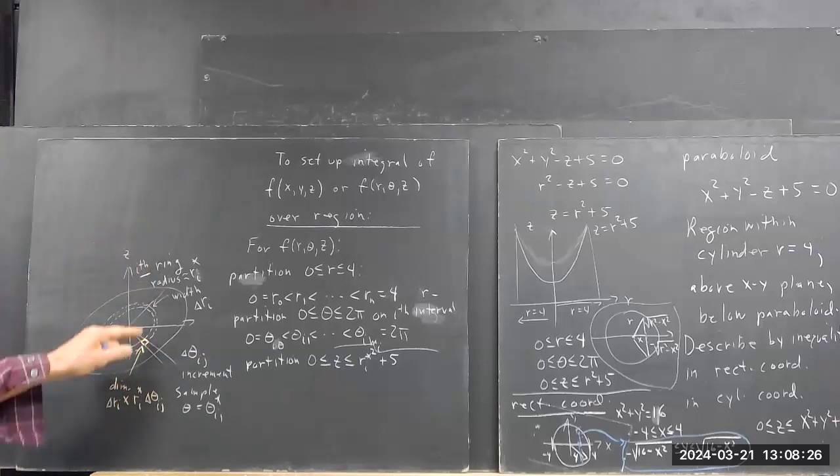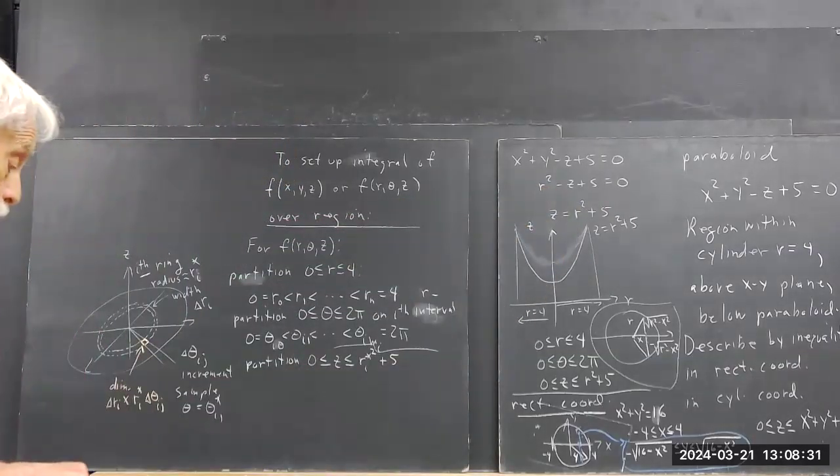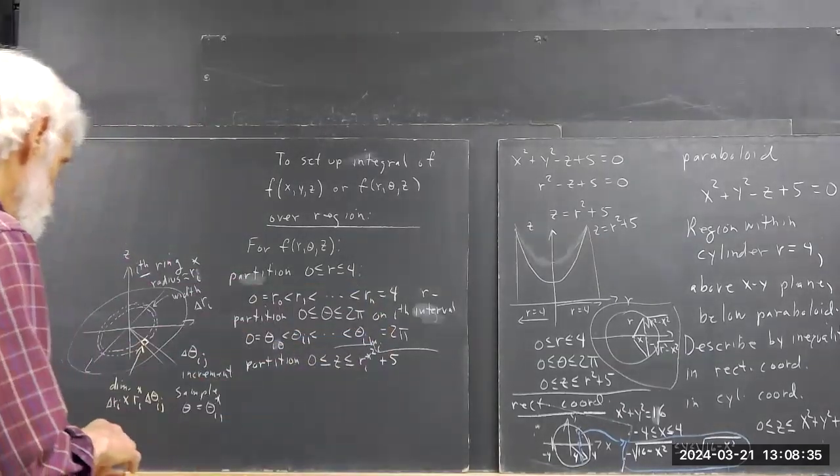So how far can you go before you have to stop? Due to this parabola, you have to stop at ri star squared plus 5.